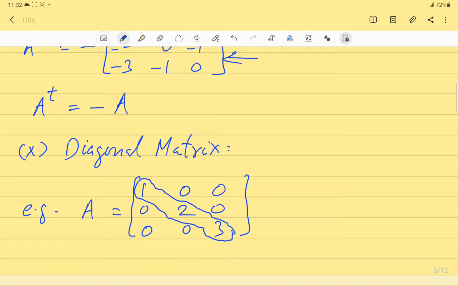A is called a diagonal matrix if at least any one of the entries of its diagonal is not 0. All its entries in the diagonal are not 0, so this condition is also fulfilled. And the third is, all non-diagonal entries are 0. So these are all 9 entries, 3 on the diagonal and 6 off it, and you can see all the non-diagonal ones are 0. It means this matrix A is a diagonal matrix.